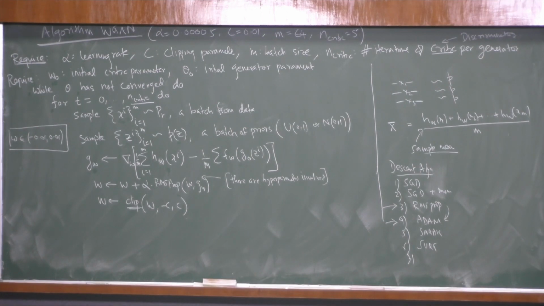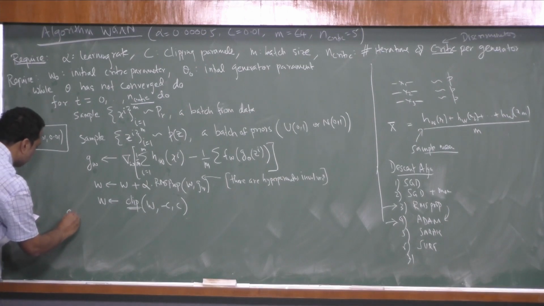Not very clear right now, maybe it needs a little bit more work. Will this guarantee the gradient being less than k, or in this case maybe less than c? I don't know. Anyway, this is the clipping of W itself, and then we end the for loop here.